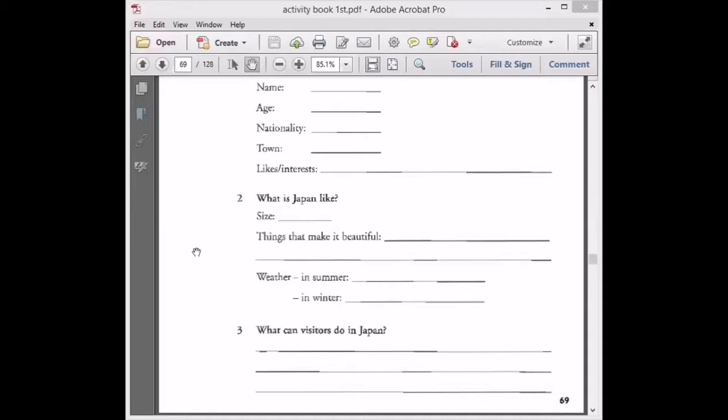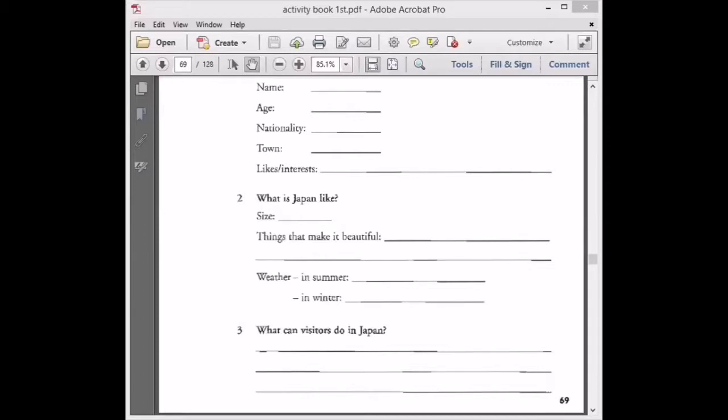And what else? Now, weather. No, we are speaking about Japan. You have to get your information from the letter. So, the weather in Japan, according to the letter, is rainy. Why?